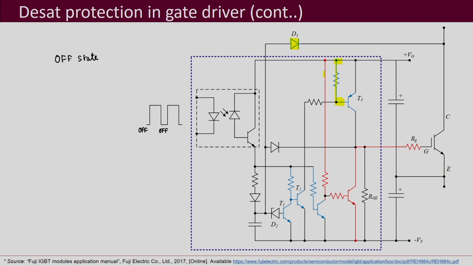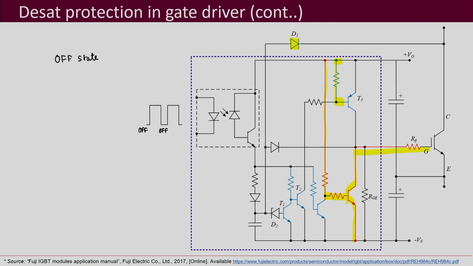Now, further what happens is that you can see here that this resistor network acts as a potential divider, and now this is NPN. If this point is high, this is going to conduct, and then RG is getting connected to this.